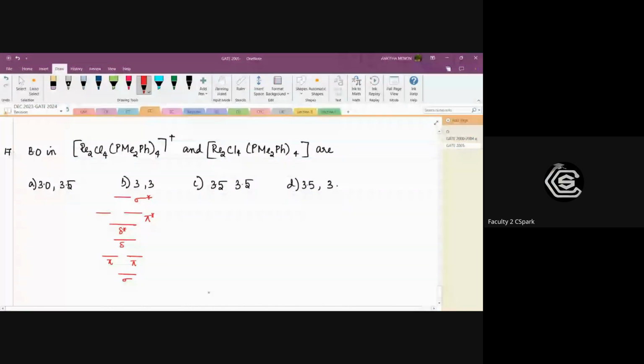Let's say this is 2x. 2x minus 4 is neutral. The phosphine ligand is equal to +1. So 2x is equal to +5.